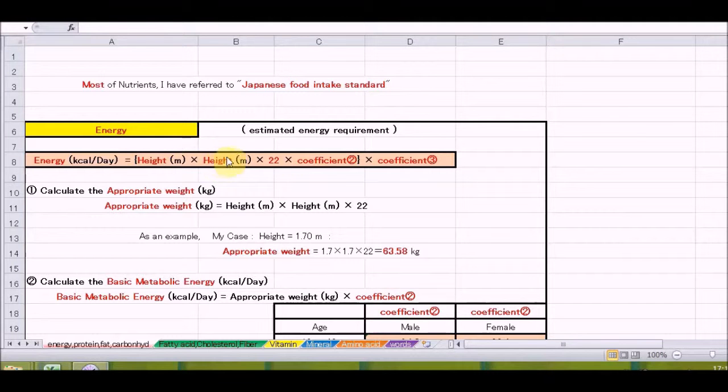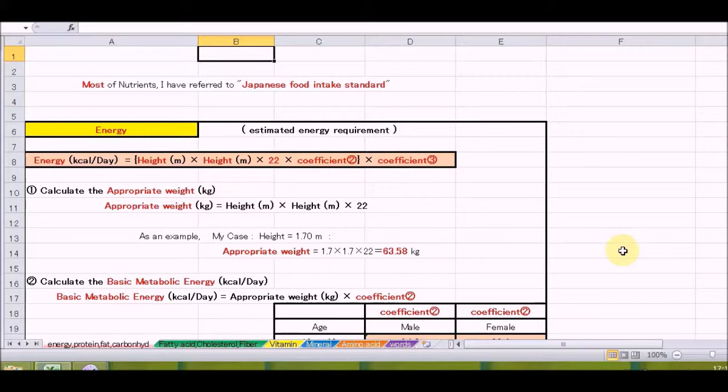Height, 22, coefficient 2, coefficient 3. Well, first calculate the appropriate weight. Appropriate weight can be calculated by this equation: height multiplied by height multiplied by 22.